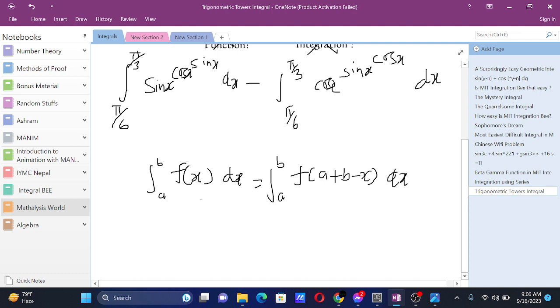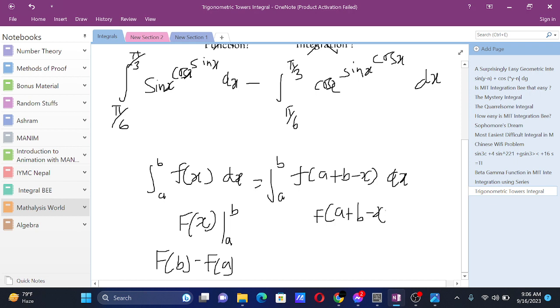For the proof of why this holds, you can just take an integral. Let this be capital F of x, which is the antiderivative of f of x. So this will be F of b minus F of a in the first case. And in the second case, the integral will just be capital F of a plus b minus x, and since we have negative 1 from the inner derivative, we will also have a negative 1 in front, from a to b.